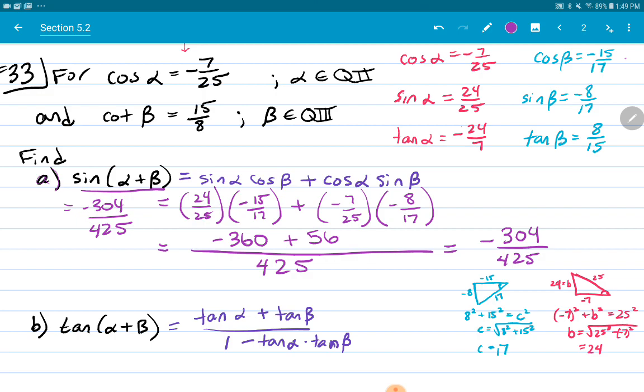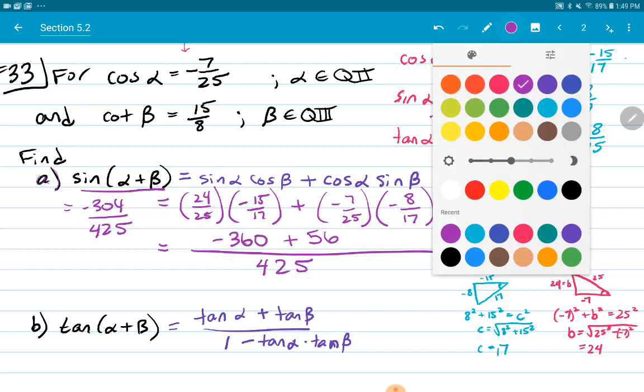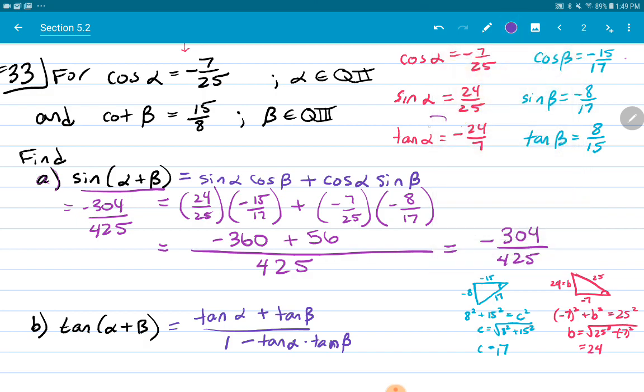Okay, for part B, I needed to find tangent, so now I'm going to use these two, and I'm going to add them together in the numerator and multiply them together in the denominator.